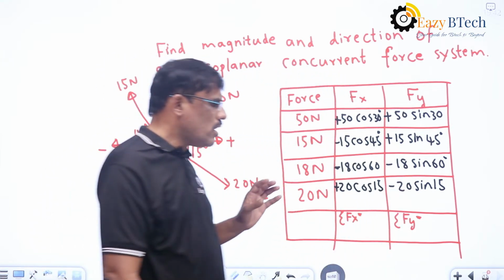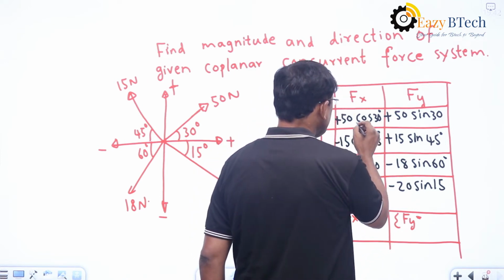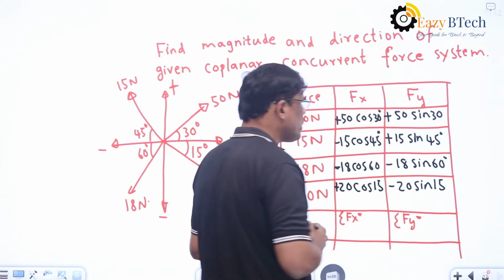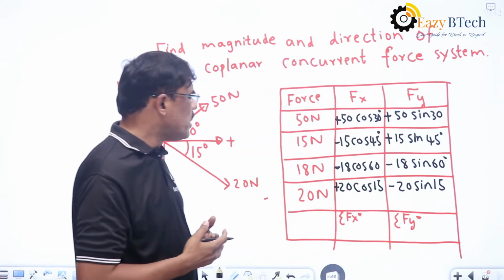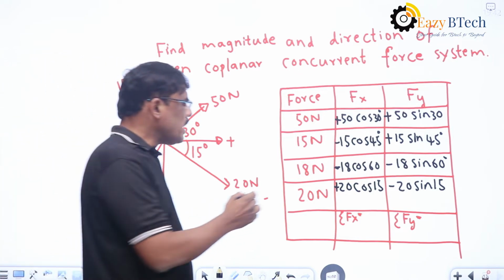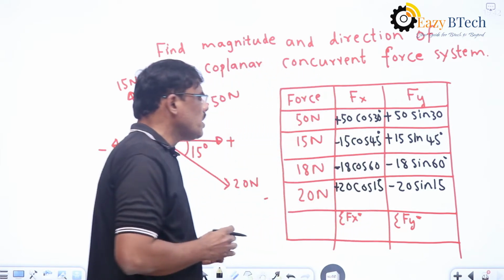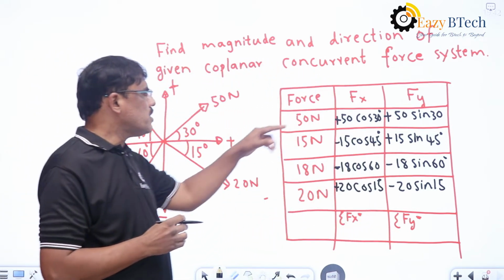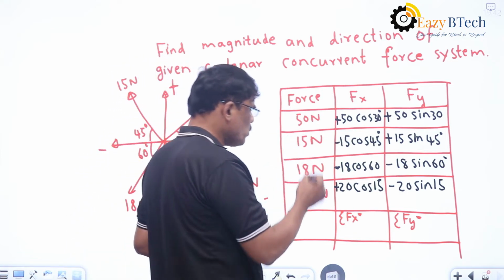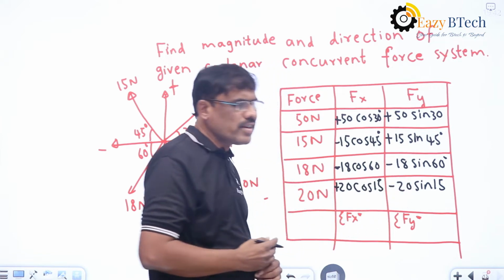So you can write the values here: 50 cos 30 degrees and 50 sin 30 degrees, 15 cos 45, 15 sin 45, 18 cos 60, 18 sin 60, and 20 cos 15 and 20 sin 15. You can take the values, and after that, if you multiply with the respective forces, you get these values. After that, all the x components and all the y components can be added.